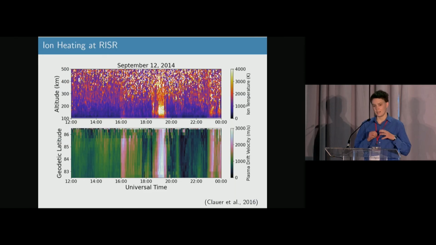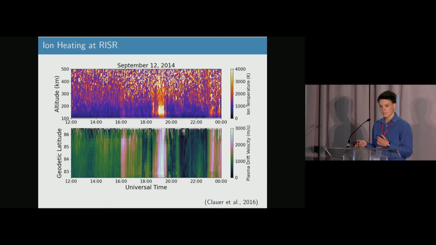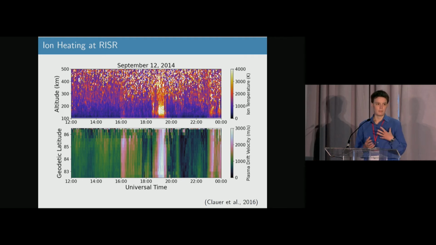This is an example I wanted to show, to introduce this concept of ion heating. This is ion temperature on the top plot, and you see a very substantial enhancement right here. If you compare it with plasma drift velocity, it occurs at the same time as a very substantial enhancement in ion drift velocity, which is what we expect for heating events.